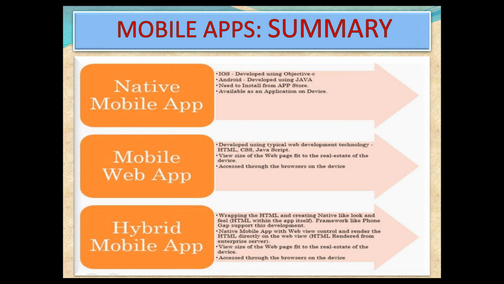Then we have the mobile web applications. We also call them HTML5 apps. They use standard web technologies, typically HTML5, JavaScript, and CSS. This write once, run everywhere approach to mobile development creates cross-platform mobile applications that work on multiple devices.